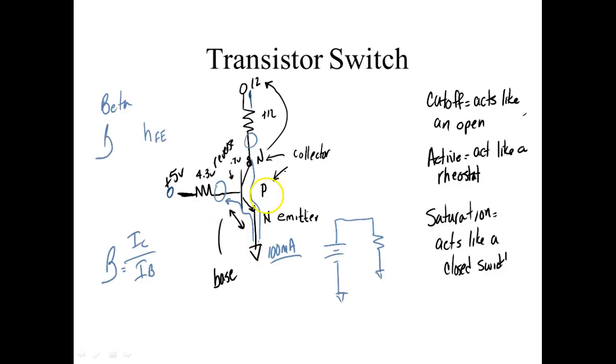If it's got a beta of 100, then it would take 1 milliamp of base current to get 100 milliamps worth of collector current. But we're actually not going to get 100 milliamps, we're going to get 99 milliamps up here. But notice, for all practical purposes, we're going to assume that the collector current and the emitter current are equal.